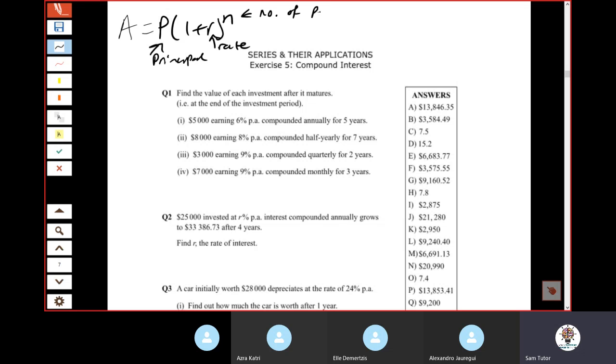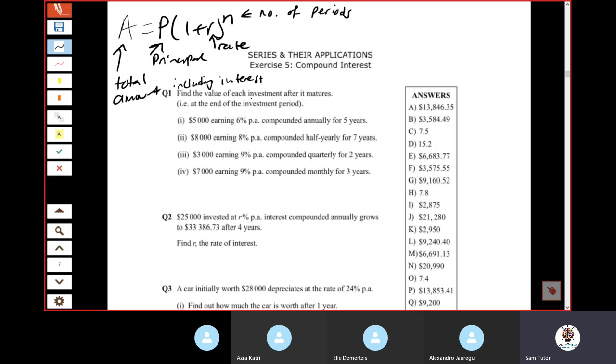The periods are usually years, but it could be half a year, quarters, or months. And A obviously is your total amount, including interest. Okay.